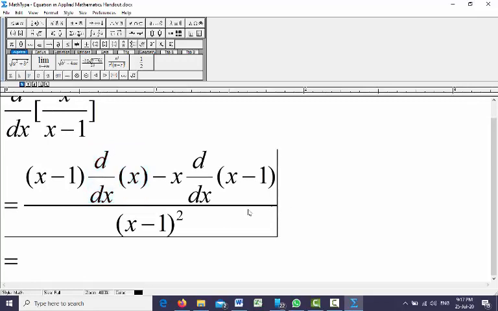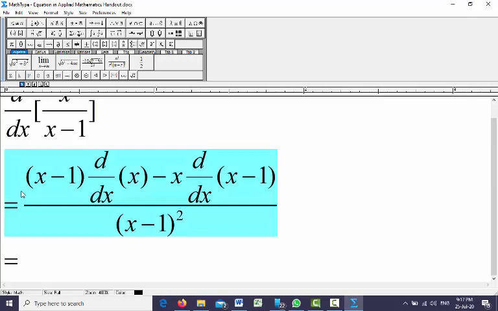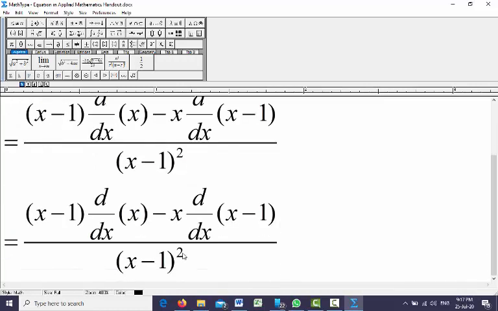Right, so now, in the denominator we don't have any d by dx. So that means we don't have to do differentiation of this one, and this one is behind d by dx, so we don't have to differentiate it either.